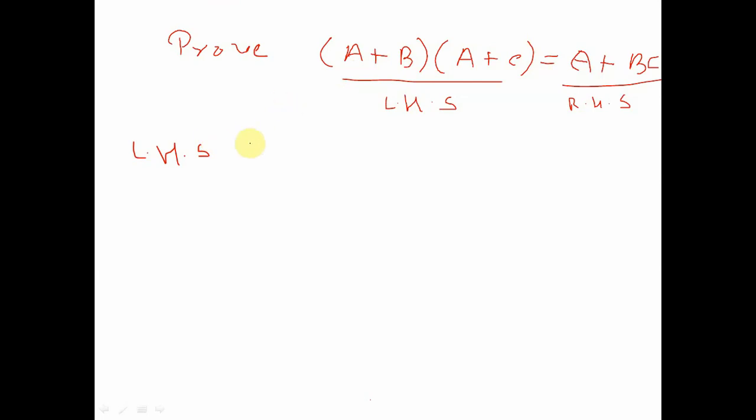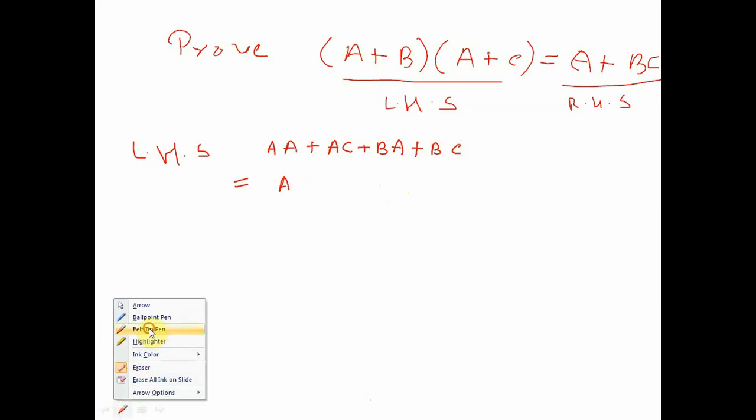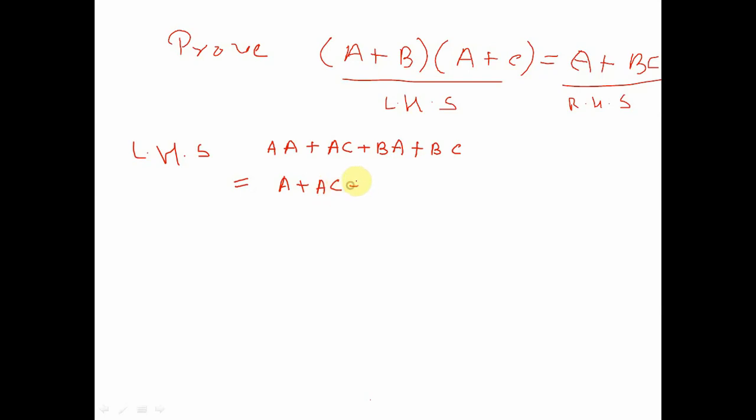First see here, this A is multiplied with A, so here I am writing A into A, plus this A is multiplied with C. Now I am writing B into A, and after that B into C. Solving these expressions, A into A is nothing but A, plus A into C plus A into B plus BC.